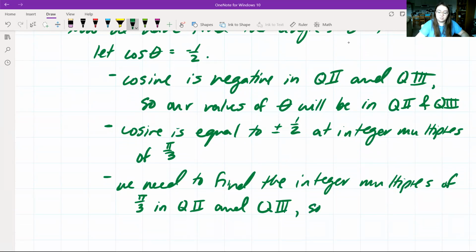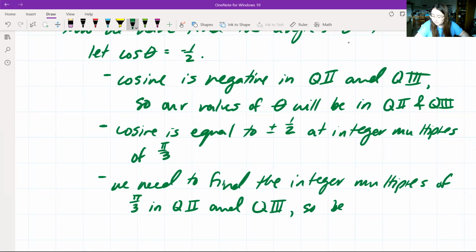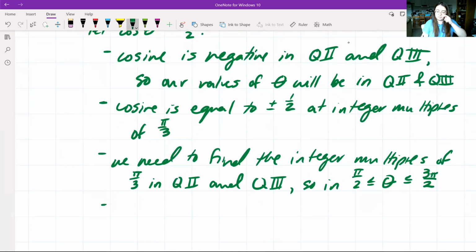So these are going to be values in the interval between pi/2 and 3pi/2. So we're thinking of values greater than pi/2 and less than 3pi/2. And these are going to be our integer multiples of pi/3.